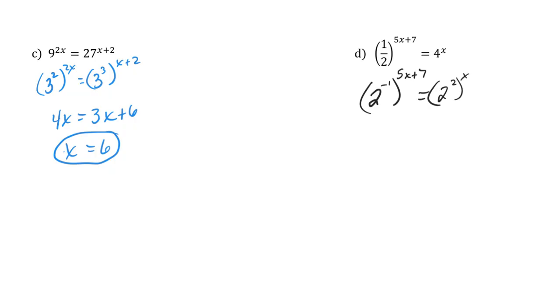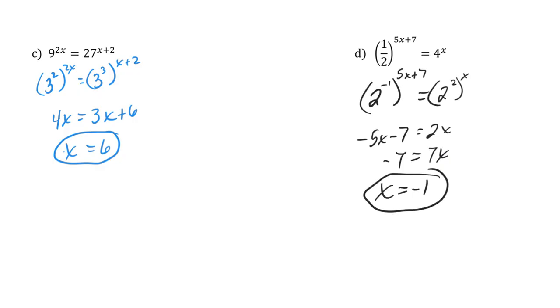I can distribute that. I get negative 5x minus 7 equals 2x. Move the 5x over. I get 7x, and I end up getting x equals negative 1. Don't worry about it being a negative because we can have negatives in exponents. Remember, we don't have any domain restrictions. And there's my answer. And that concludes today's lesson.